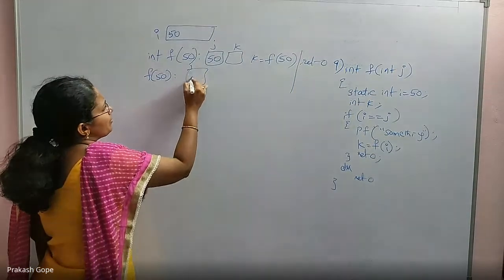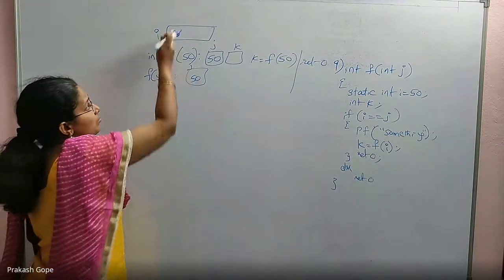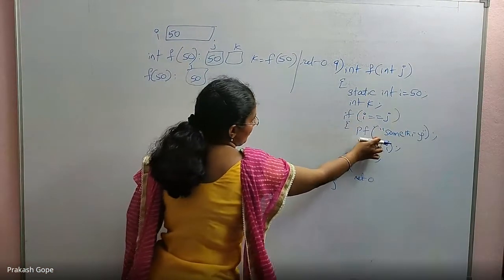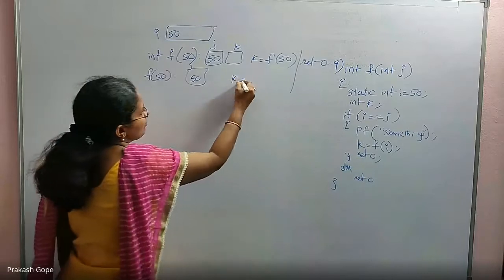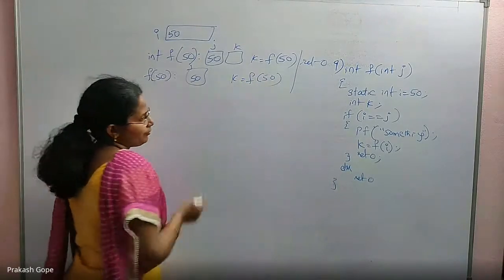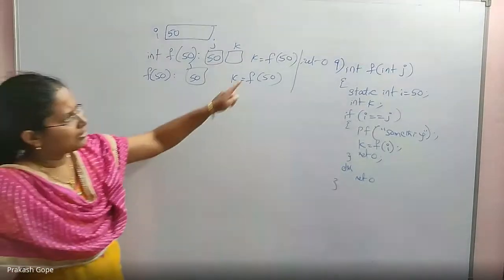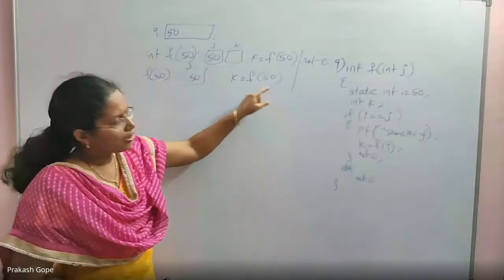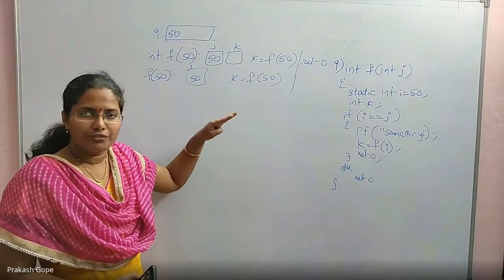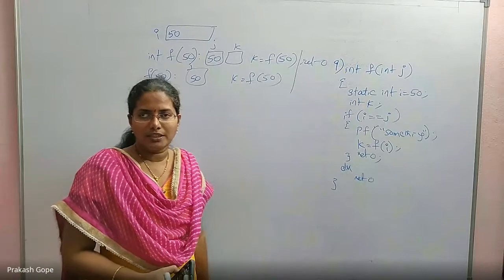Again j is copied with 50 only, i is still 50. Both are again equal, so I will print something. Again k is equal to f of 50 only. Which means in each and every function call I am calling f of 50, f of 50, f of 50. Do we say this is an infinite loop?